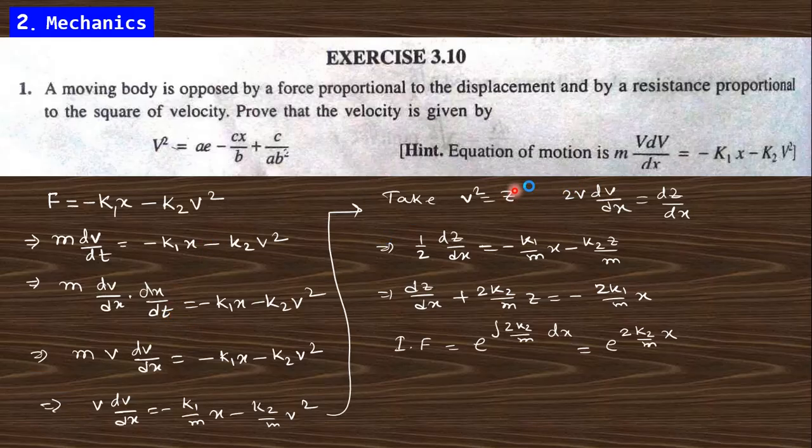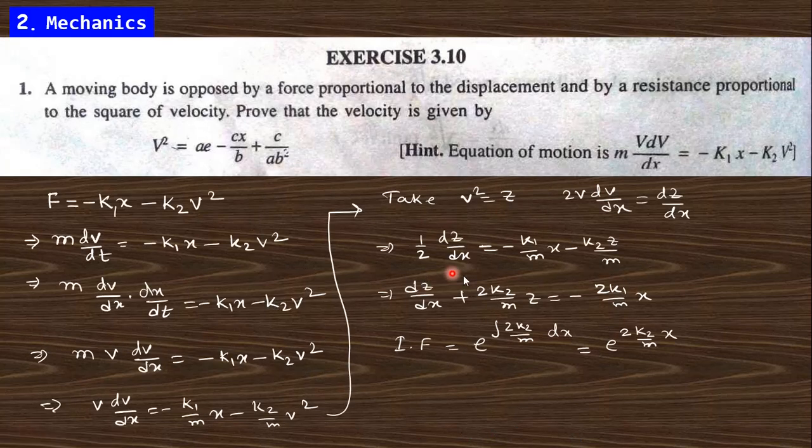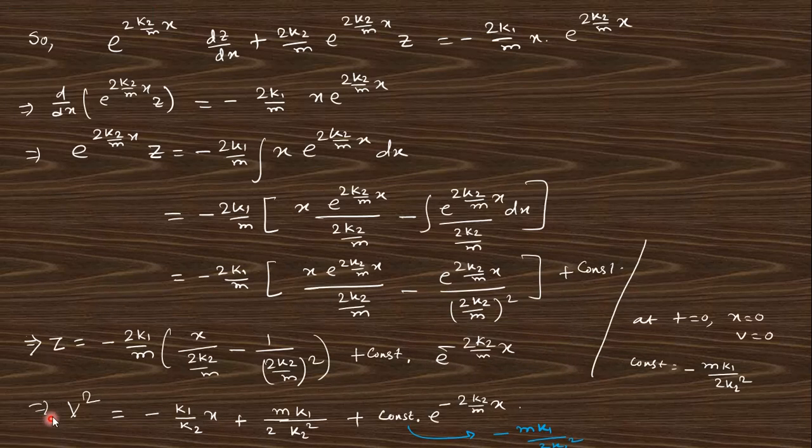So if you put this value in, with the integrating factor like that, this becomes a linear differential equation, and then you calculate the integrating factor. After calculating the integrating factor, in the same manner you will get the answer. Here the constant will be like that; put this value. Okay, so do it yourself and then check this one.